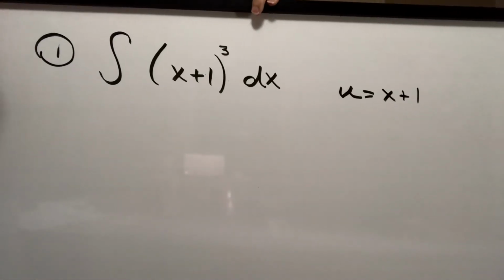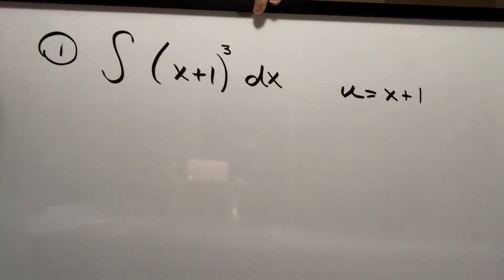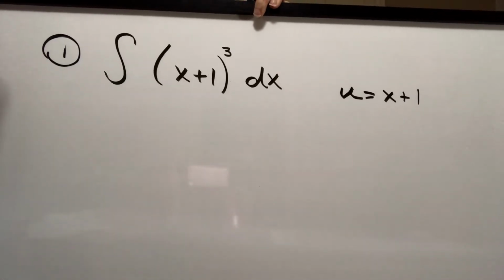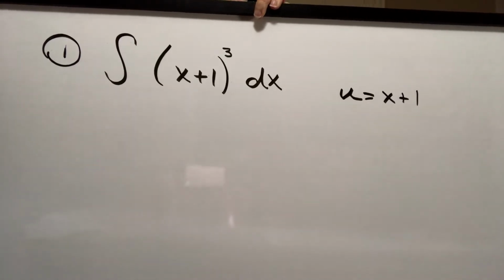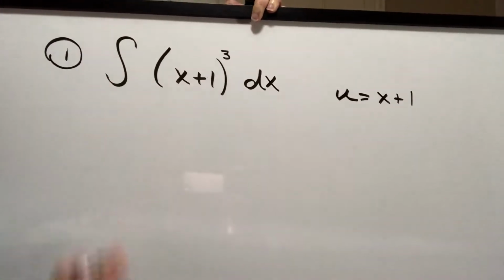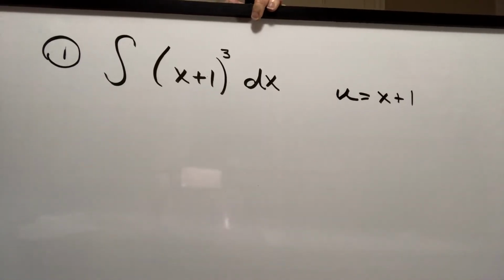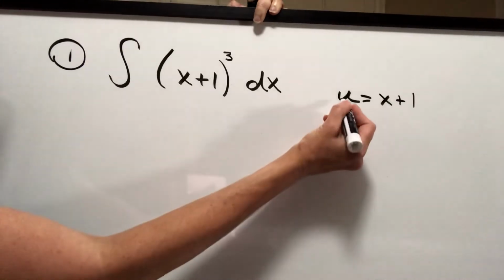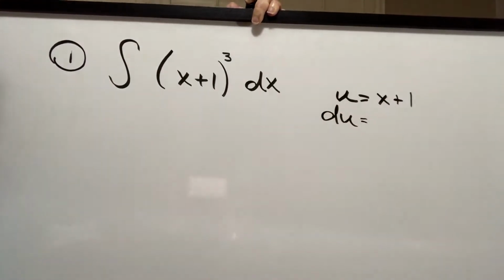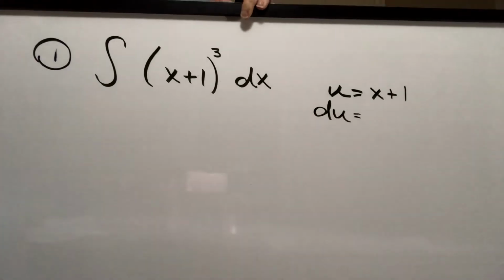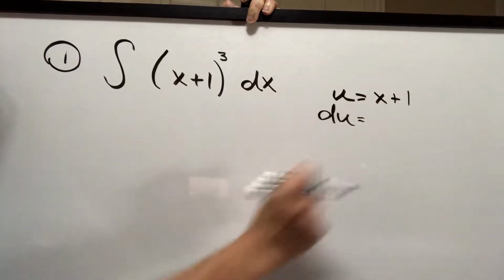Then you're going to take the derivative of U, and we're going to use the notation du and dx. We did that earlier in the year, but it's been a while ago, so it's going to be important to be able to evaluate this integral. So please do what I show you, and it will make the process much easier. To do the derivative of u, you would just say it's du. On the other side, this is just a typical polynomial. Remember, think of that as x to the first power.